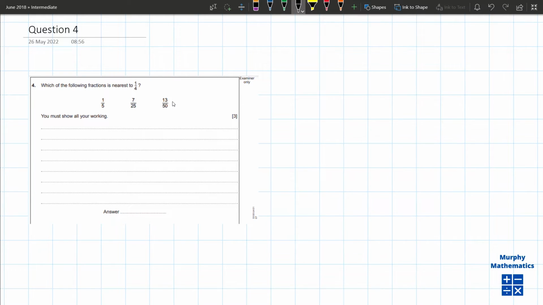I think the best way to do this is just use your calculator. 1/5 in a calculator gives 0.2. 7/25 gives 0.28, and 13/50 gives 0.26.